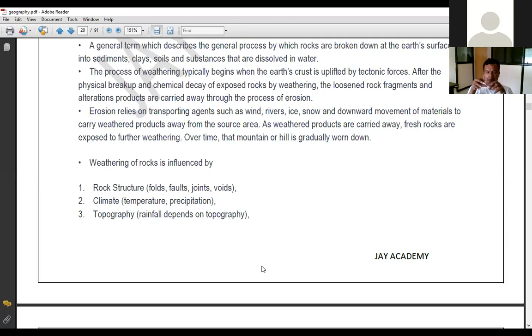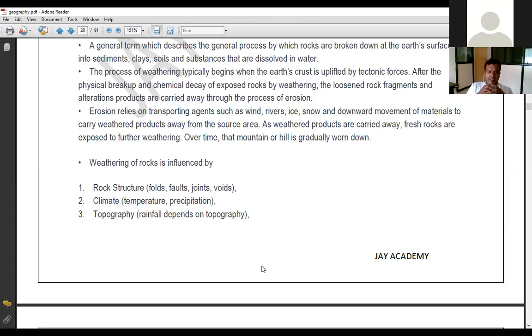And if the upper material of the rock is broken down due to biological activities. Biological activities means, you know that human beings do agriculture, right? So in agriculture the human being tries to plow the soil, right? It leads to breaking down of the upper material.